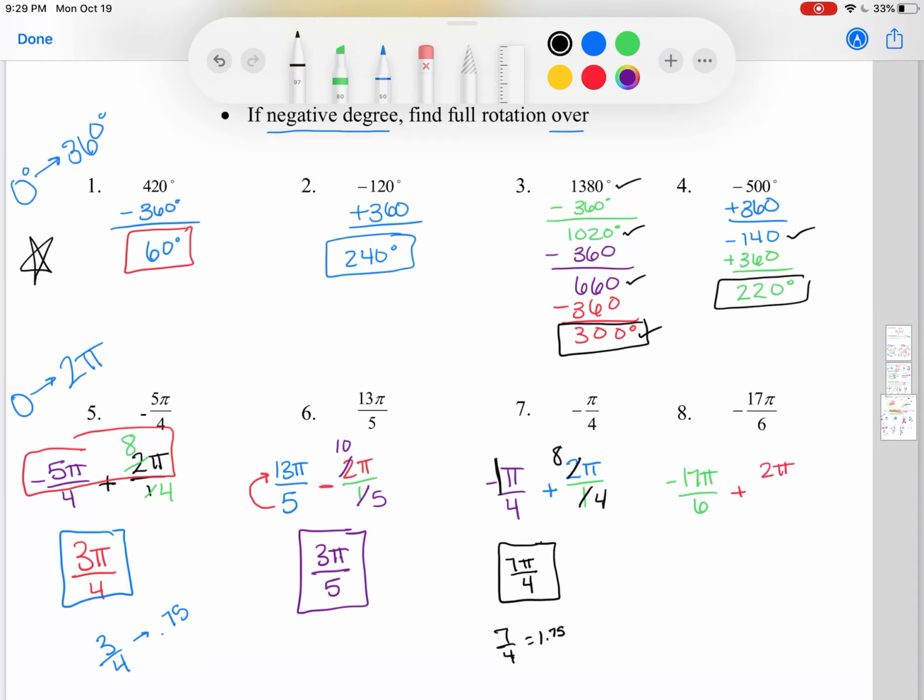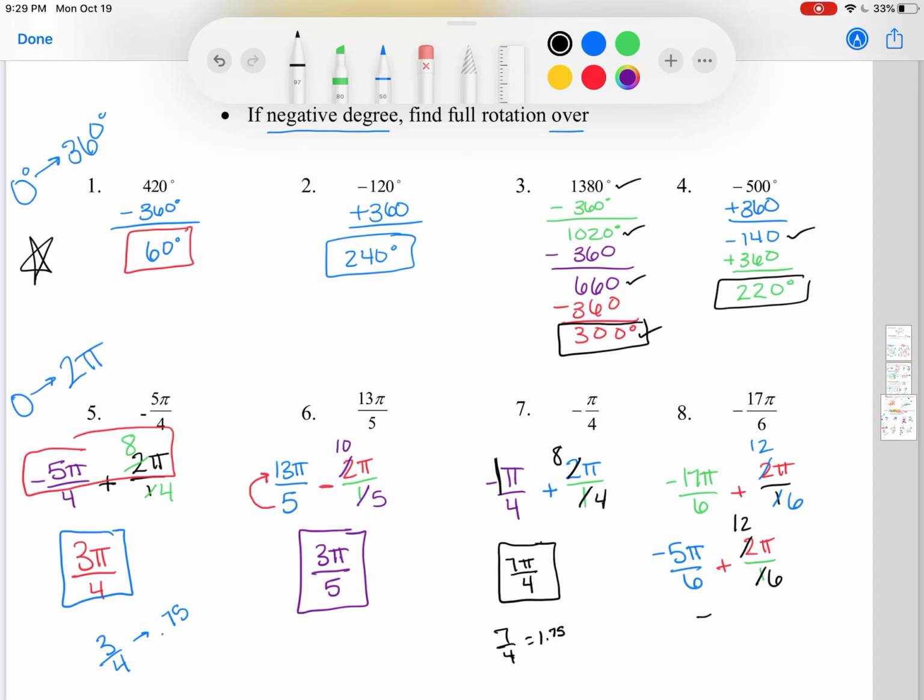Okay. Question 8. If you want to try it on your own, by all means, go ahead and do so. Again, this is negative, so we automatically want to add 2 pi. Get the same denominator. Change the numerator, and then we can solve. So we get a negative 5 pi over 6. That is still negative.